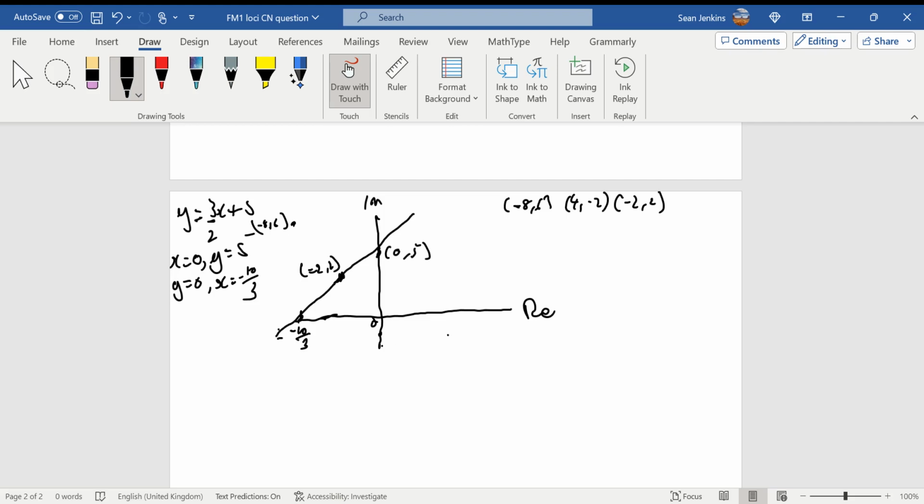And we got (4, -2) down here somewhere. So we got a bisector cutting through and going all the way to somewhere here. Okay, so there's our bisector, and that's a decent sketch, I think.